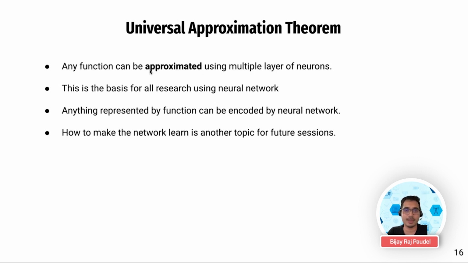So it will always be an approximation of the output. So this is the basis for all the research in neural networks and all the large language models. And this is just the first step of modeling intelligence, but how to actually learn from data, I will cover in future topics.